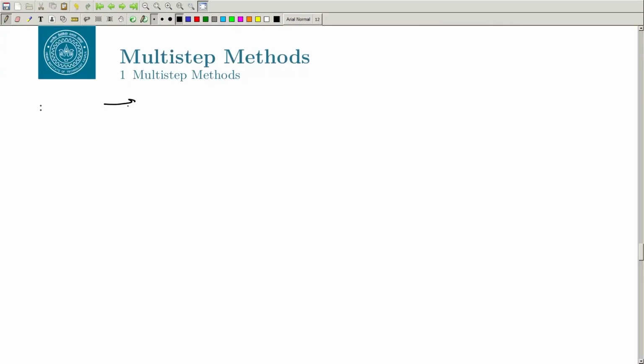Hello everyone, welcome back. In the last class we started looking at schemes for nonlinear problems, and we looked at multi-step schemes, and we saw two schemes. One is the two-step Lax-Wendroff, and second was Richtmyer, and both the schemes use two steps.